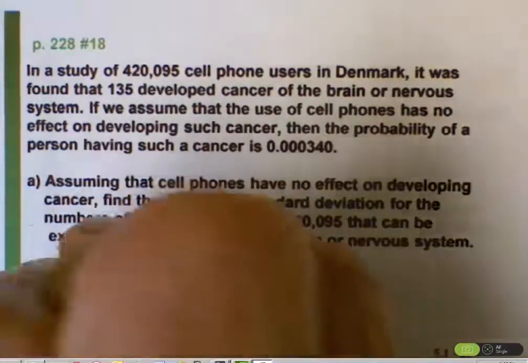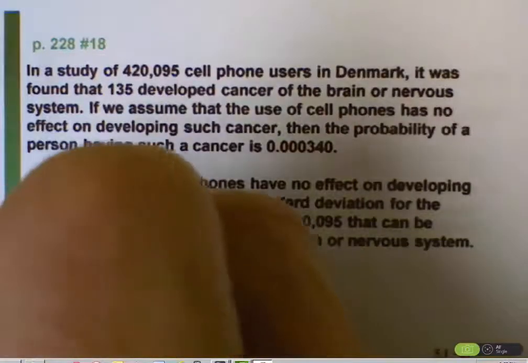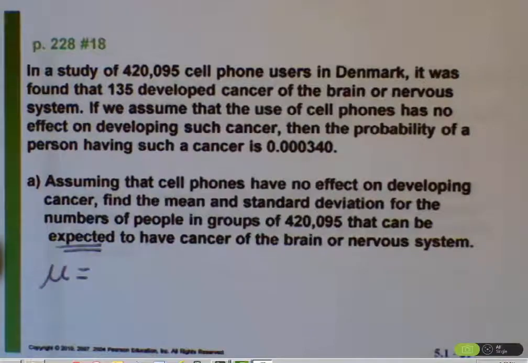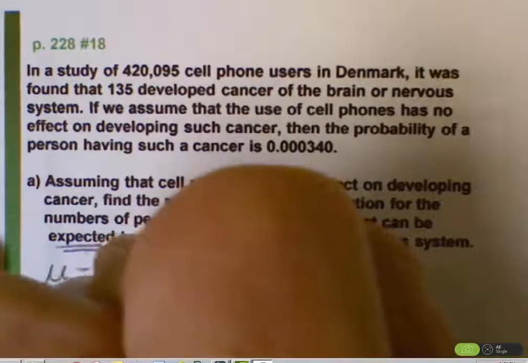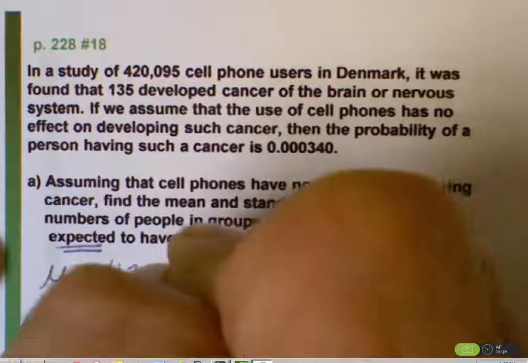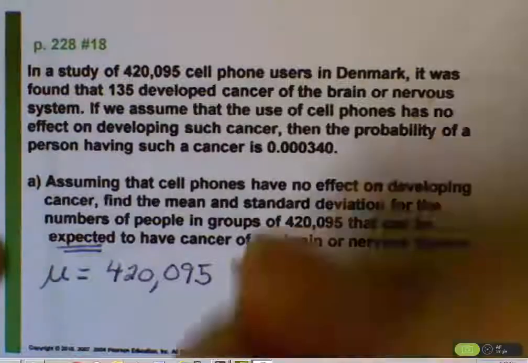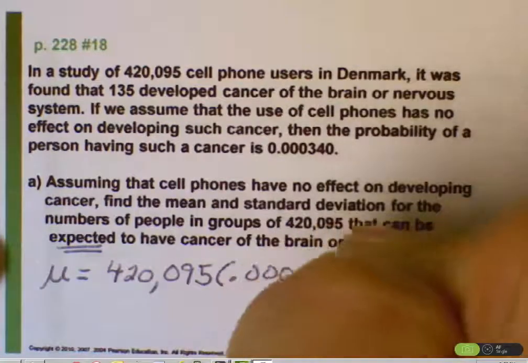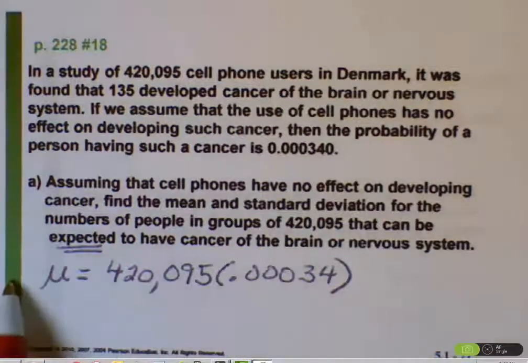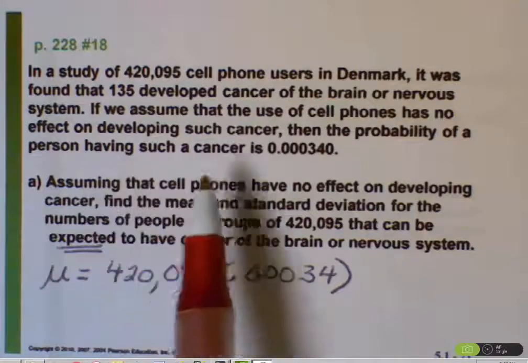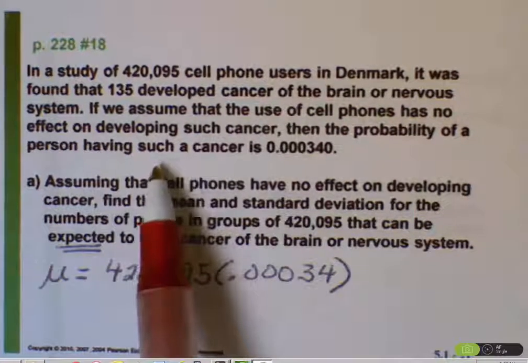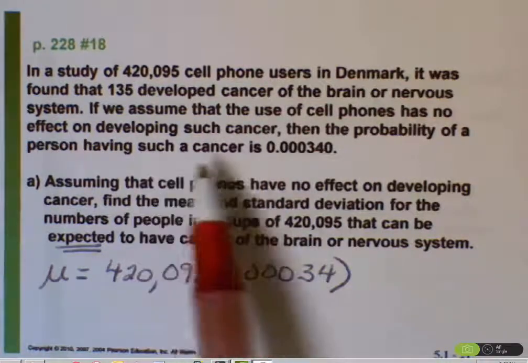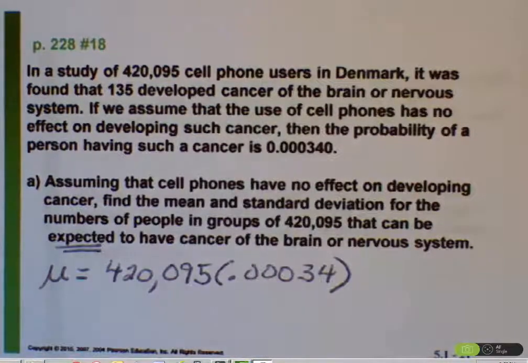Well, expected value again means mean, and the mean is the trial size or sample size times the probability of success. Since we're studying the number of people who develop cancer, we're saying developing cancer actually in this situation is success, or this type of cancer, and the probability of success is 0.00034.